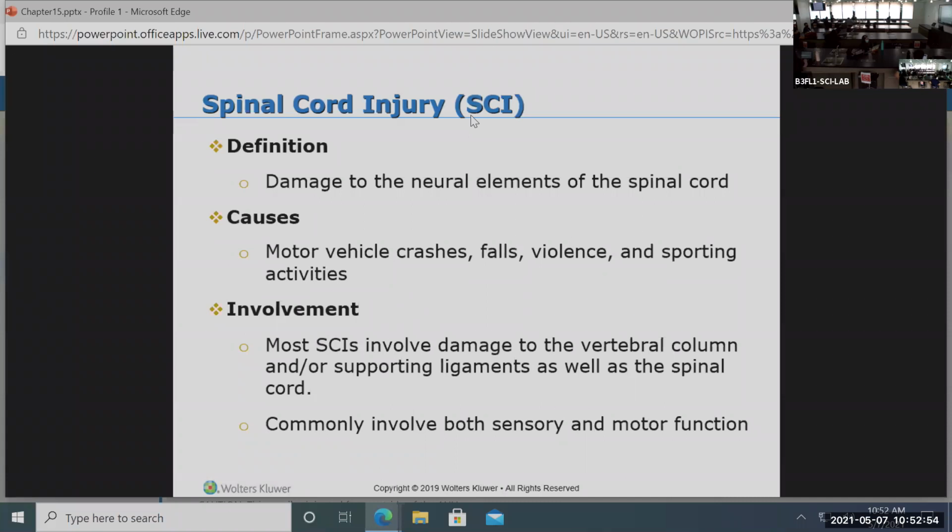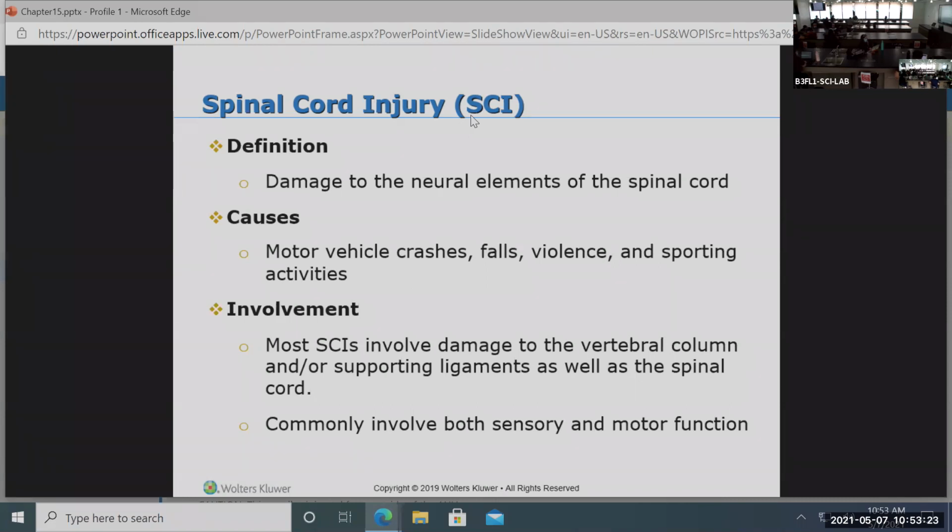Okay, so spinal cord injury. How do we define it? It is damage to the neural element of the spinal cord. Most common cause is road traffic accident, that is motor vehicle crashes.